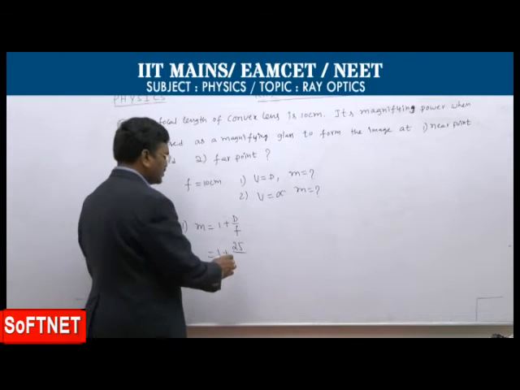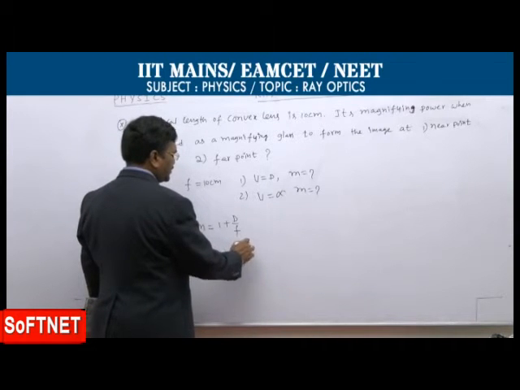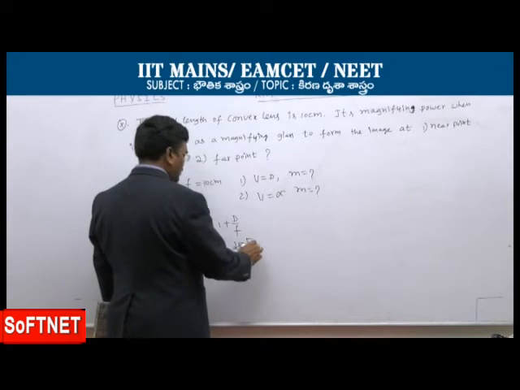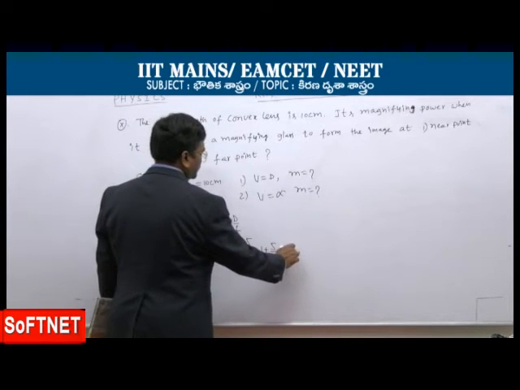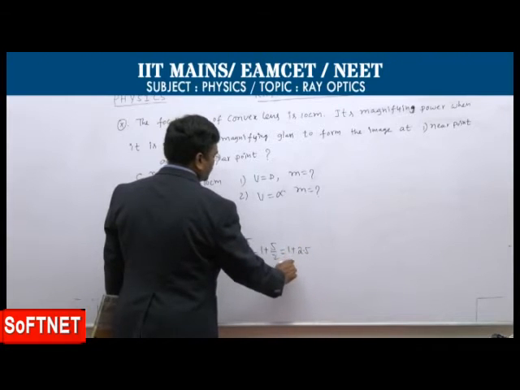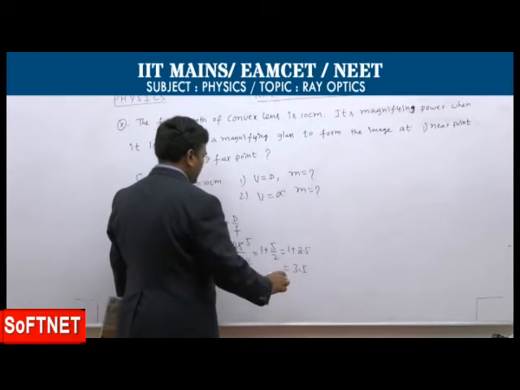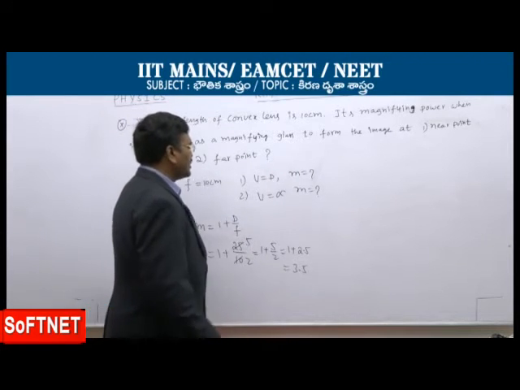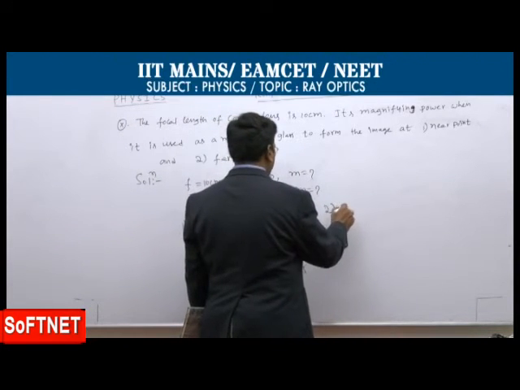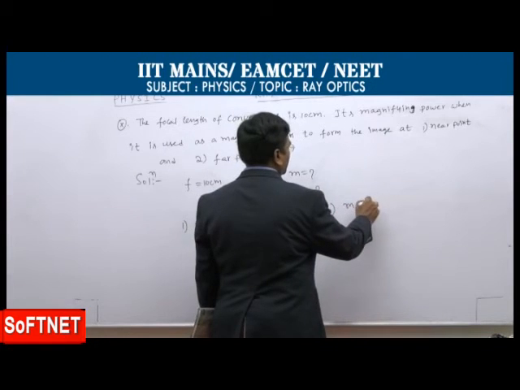Now, F is 10. 5 5s are 25, 5 2s are 10. Now, 1 plus 5 by 2, 1 plus 2.5, 3.5. Magnification is 3.5.